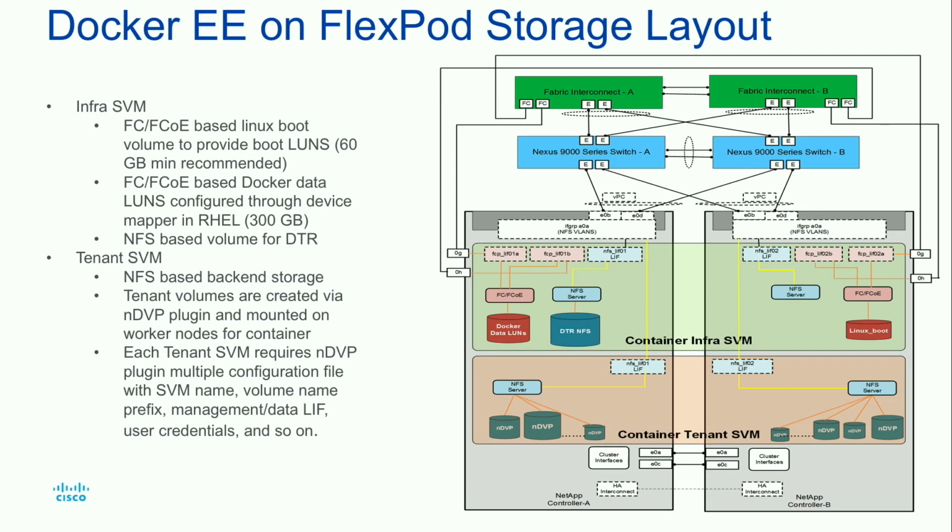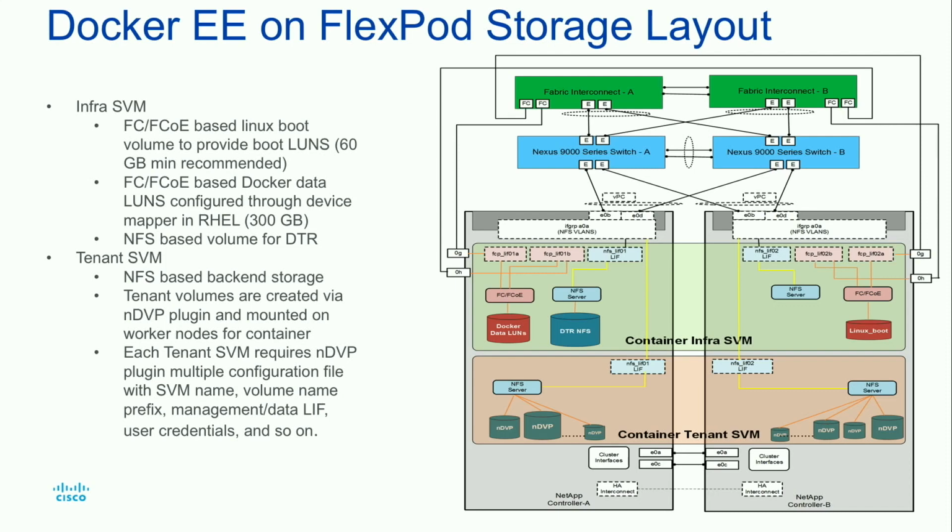If you want to use the NDVP plugin, then you have to create the NFS-based storage backend. You have to configure that. If you look at it here, we actually have a Docker LUN and a DTR NFS LUN. You can give it something like 3 terabytes or 4 terabytes, a big LUN that you can mount to every DTR node.